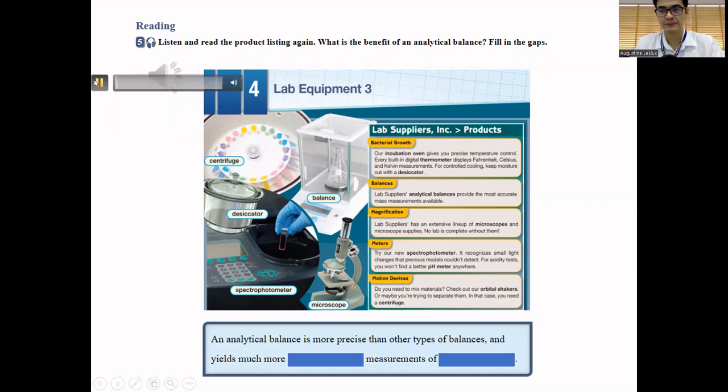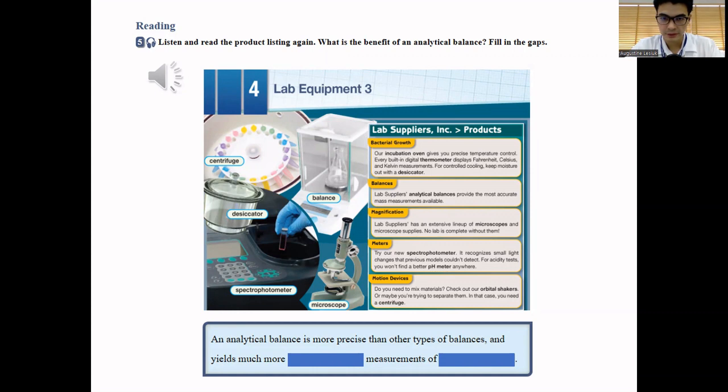Unit 4, Lab Equipment 3, Exercise 5, page 11. Lab Suppliers Incorporated. Products. Bacterial growth. Our incubation oven gives you precise temperature control. Every built-in digital thermometer displays Fahrenheit, Celsius, and Kelvin measurements. For controlled cooling, keep moisture out with a desiccator. Balances. Lab Suppliers' analytical balances provide the most accurate mass measurements available.